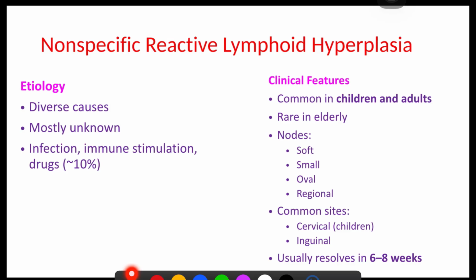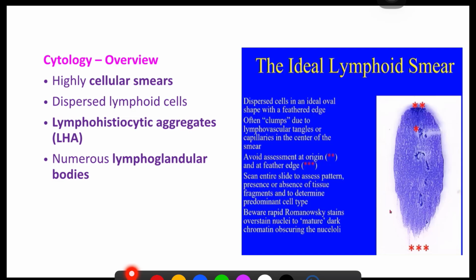Clinically, the most commonly affected are children and adults, rarely the elderly. The nodes are soft, small, oval and regional, mostly enlarged. Common sites in children are cervical and inguinal regions, and they generally resolve in 6 to 8 weeks.